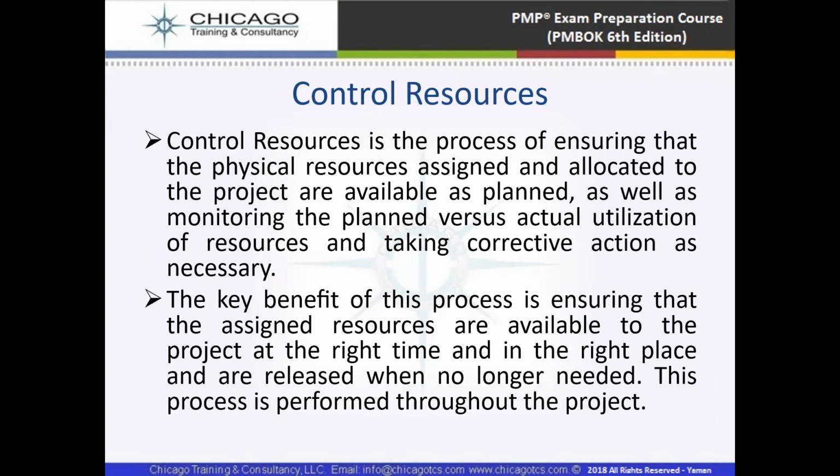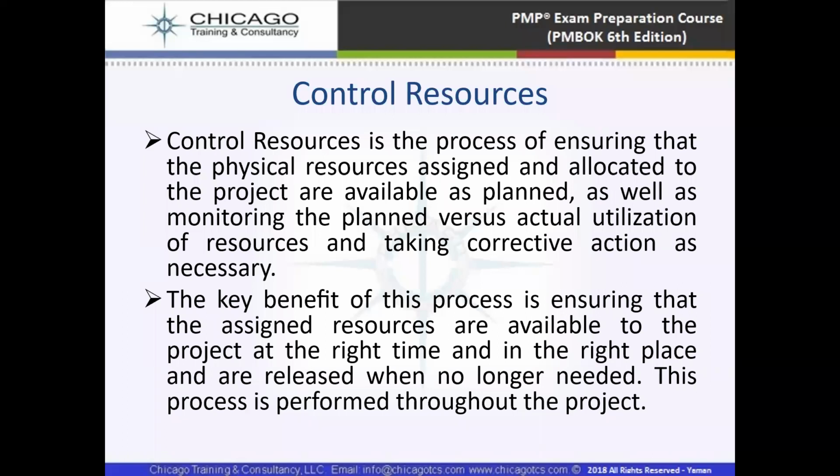And then the last process is control resources. It means how you are controlling your resources, whether personnel or physical, how you are planning them and how you are controlling them here. The benefit is that the assigned resources are available to the project at the right time and in the right place.